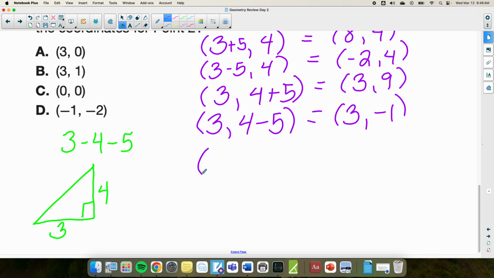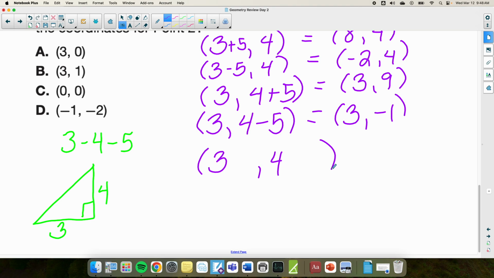So, can anyone see one right away? If our point is 3, 4. And if you can't, that's okay. Okay, now again, you're going to add 3 and subtract 3 from this.